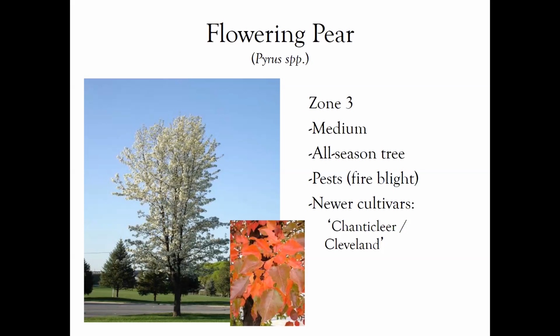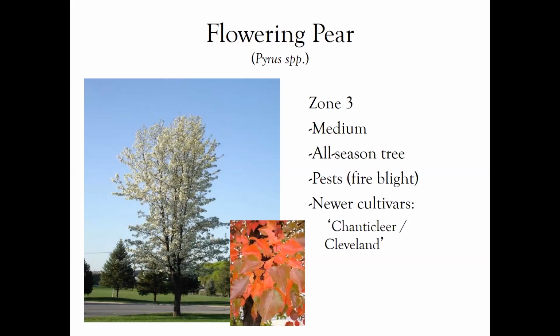It is prone to fire blight, which is a problem with anything in the rose family. And flowering pears are in the rose family, as are regular pears and apples and roses and a few others. So it is prone to fire blight, which is a bacterial disease that affects members of the rose family. And in recent years, I've seen a lot of flowering pears damaged severely from this bacterial infection.